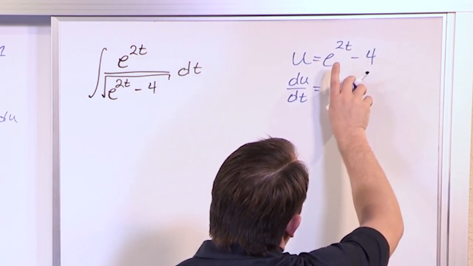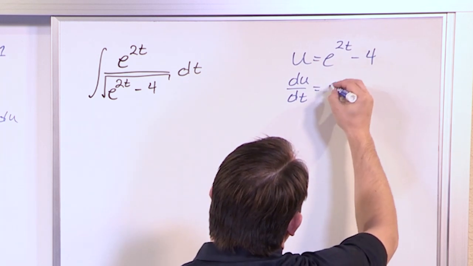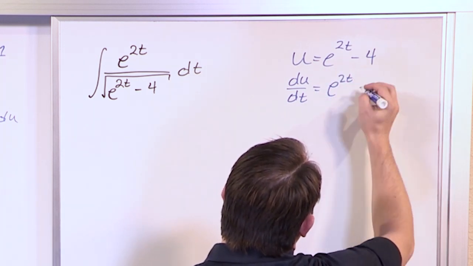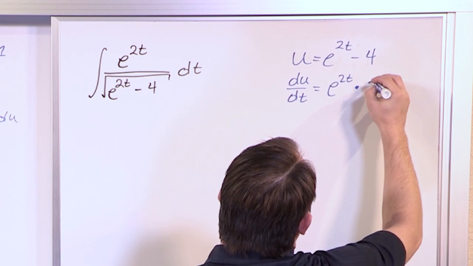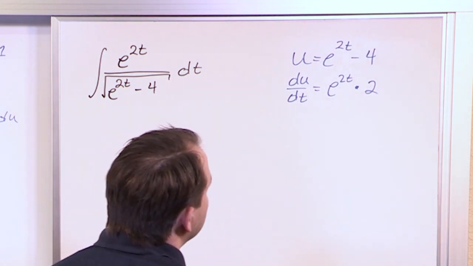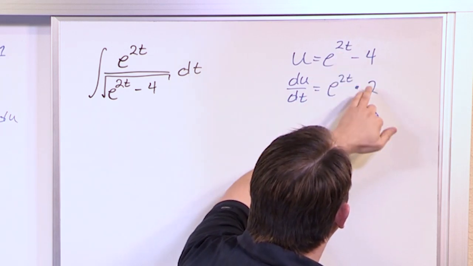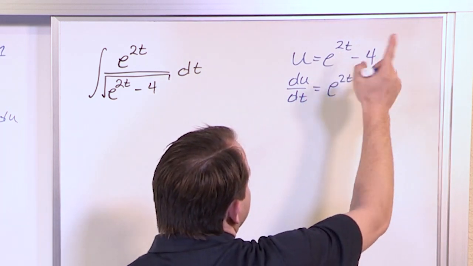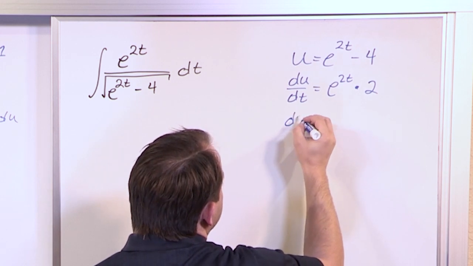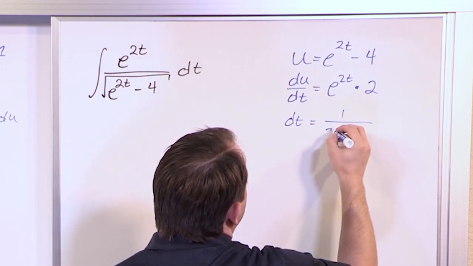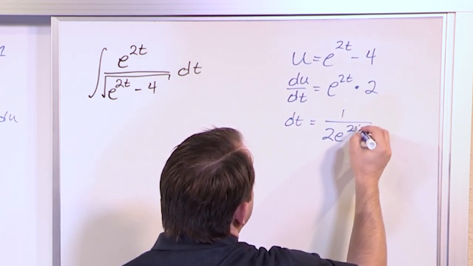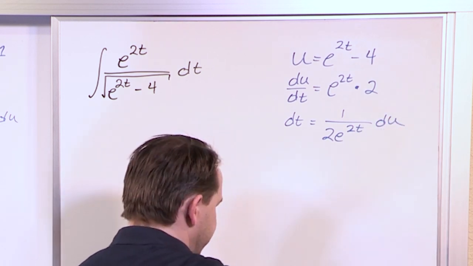The derivative of this is e to the 2t, because it's indestructible, times the derivative of the exponent, which is 2. That's just the chain rule. The derivative of the 4 is 0. So dt is 1 over 2 e to the 2t, du.